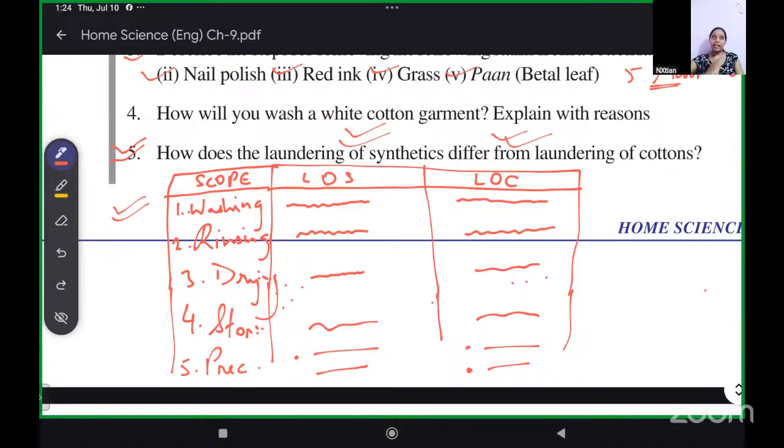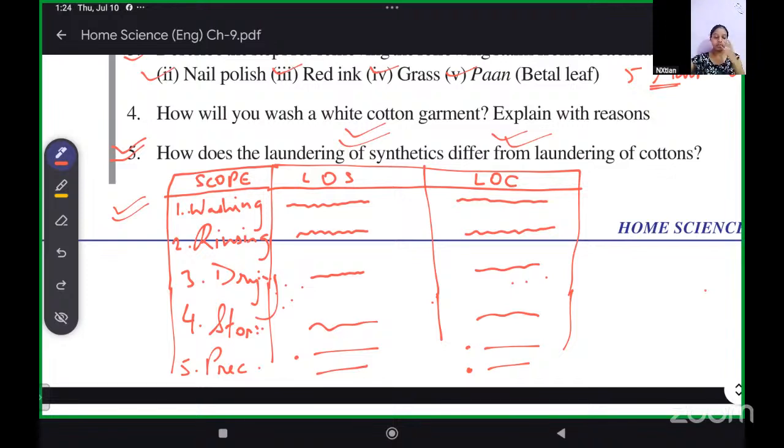Suppose we have to differentiate between wool fibers and cotton fibers. The first point in scope is going to be meaning. What are wool fibers? What are cotton fibers? Wool fibers are natural fibers obtained from animals. Cotton fibers are natural fibers obtained from plants.